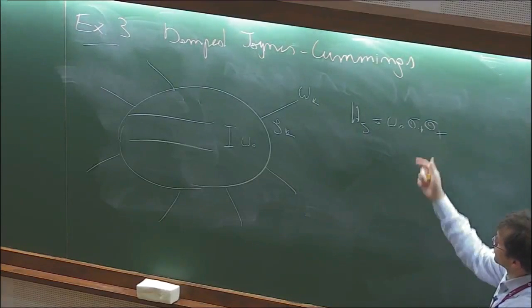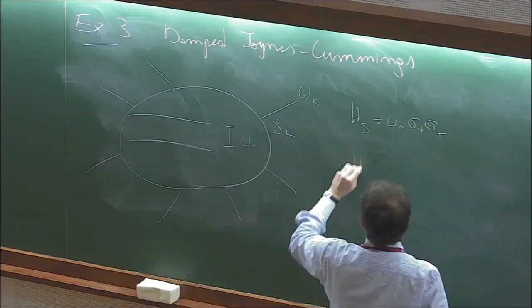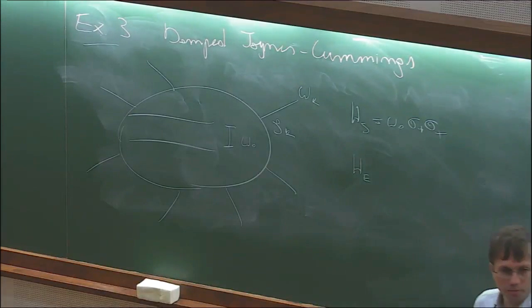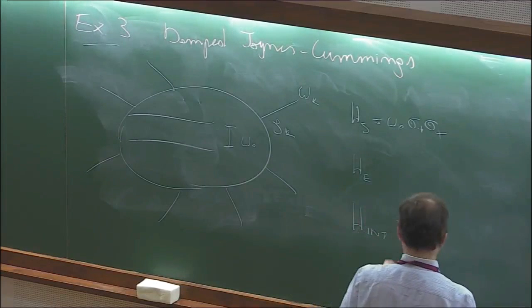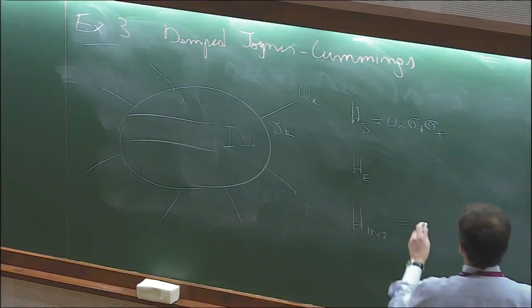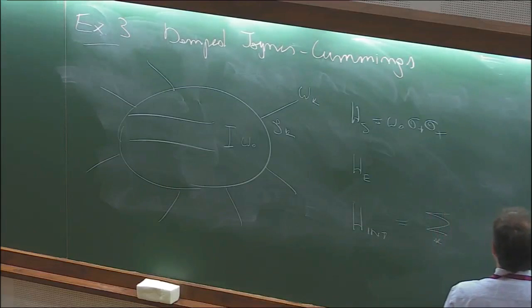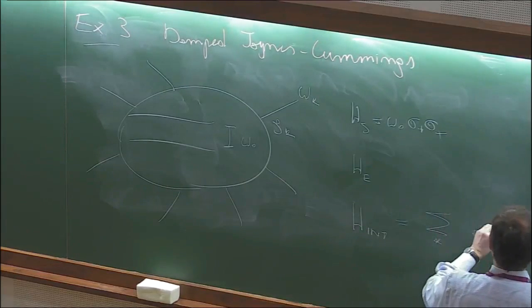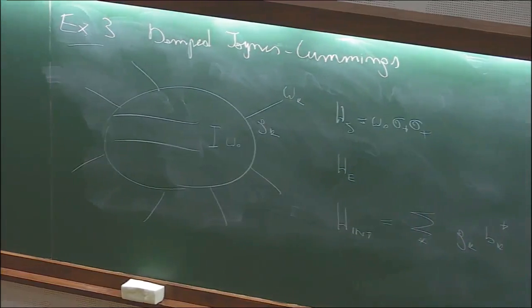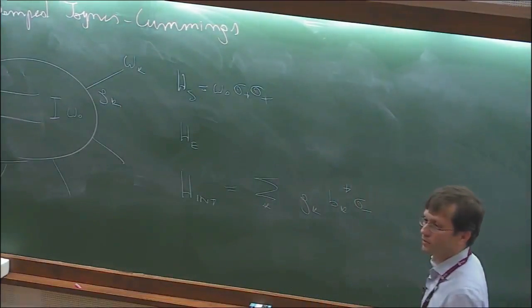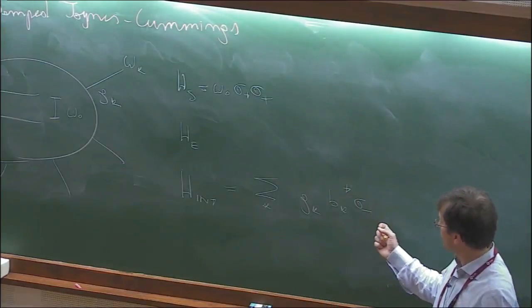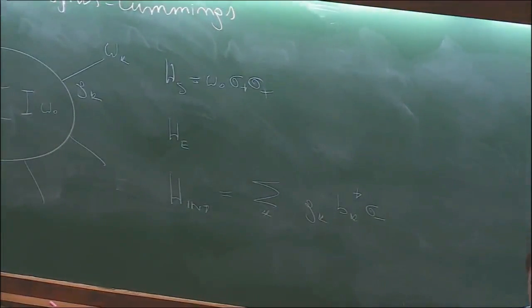This is just a projection onto the excited state. For the environment Hamiltonian, this is the collection of bosonic modes which I've already written in previous lectures. And now for the coupling, which is the interesting part, of course, we can write it as a sum over k of our coupling constant g_k, an operator b_k dagger, so a creation operator on the side of the environment, and this sigma minus on the side of the system. Sigma minus applied to a vector pointing upwards brings it down, so from the excited to the ground state.